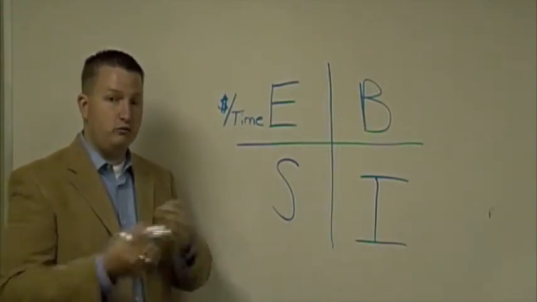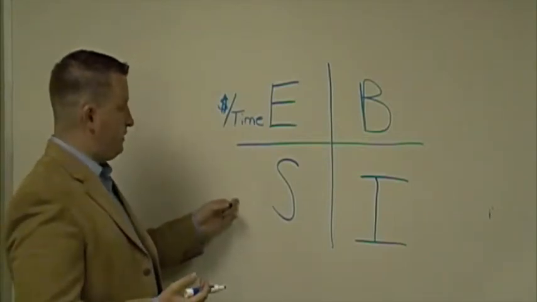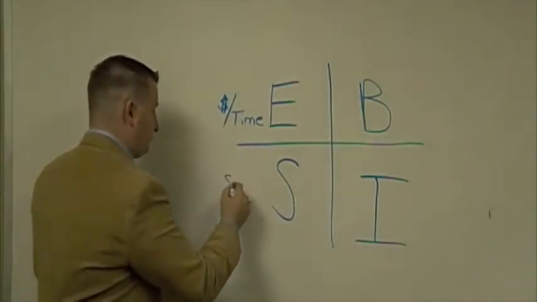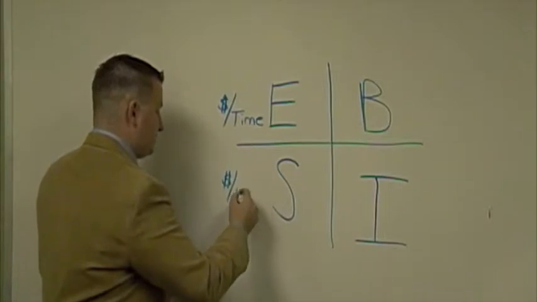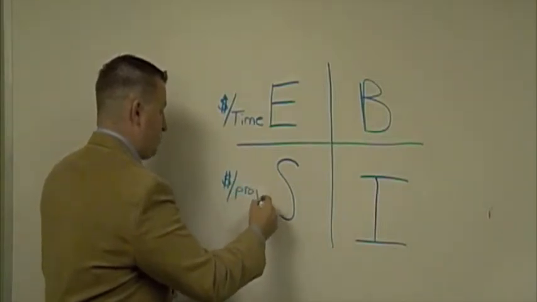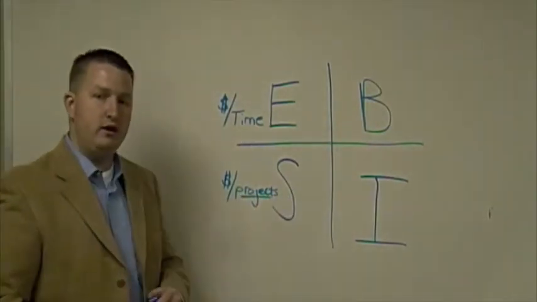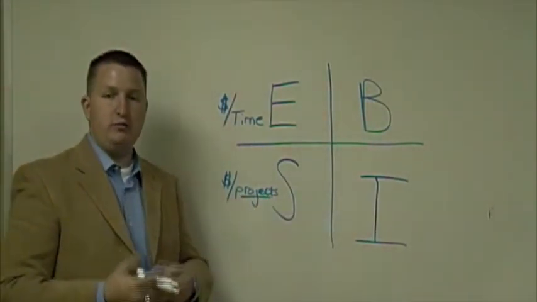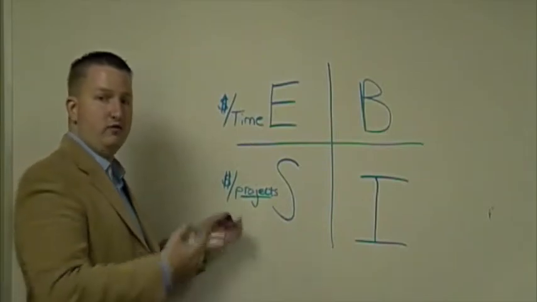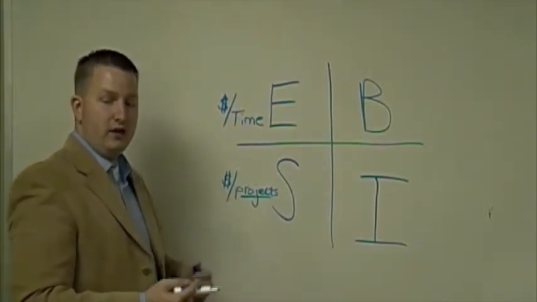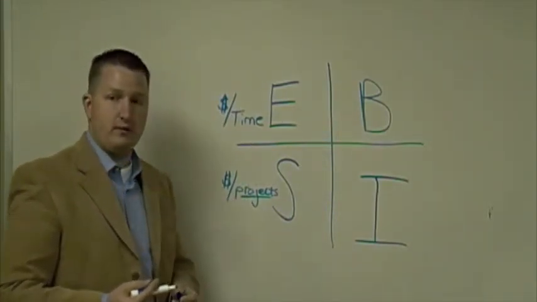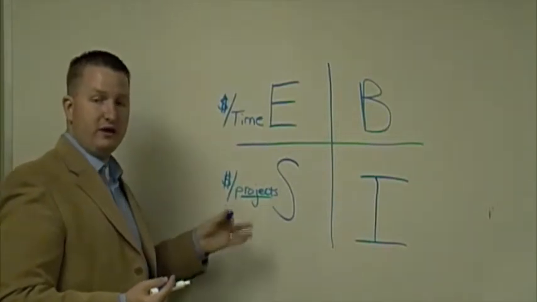And this is how most of the world works. Down here for self-employed people, people trade their projects for money. So let's say that you're a graphic artist and you have a project to do. You would get paid for doing that project. Or maybe you're an attorney. You would get paid for doing that case, and that's how you would be billing your time out. That's how people make money on the left-hand side.